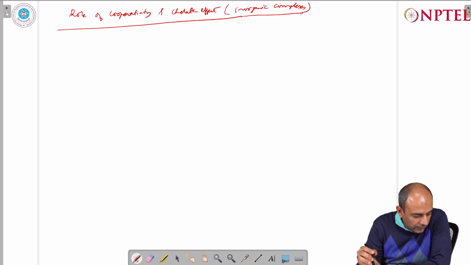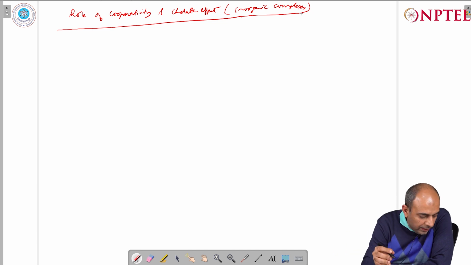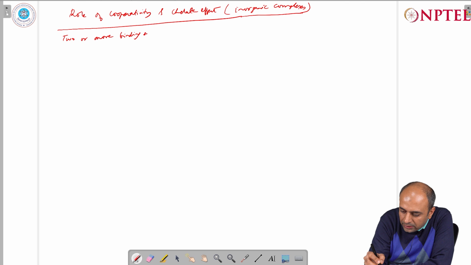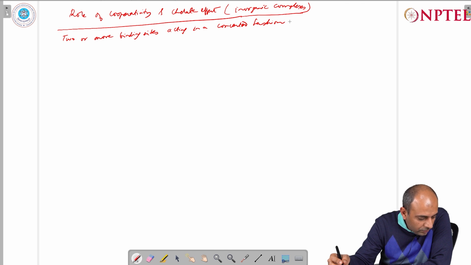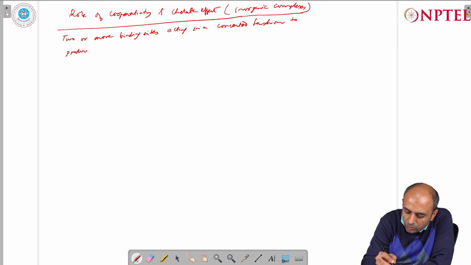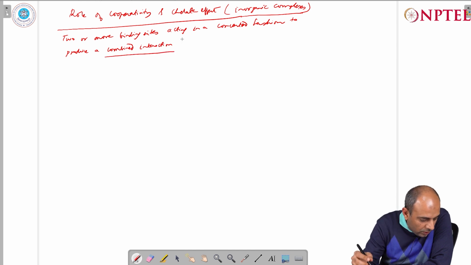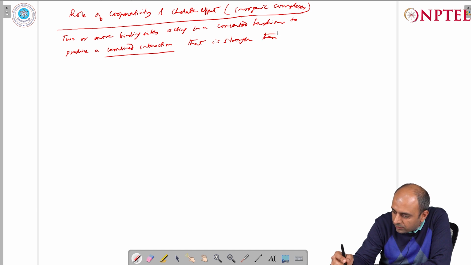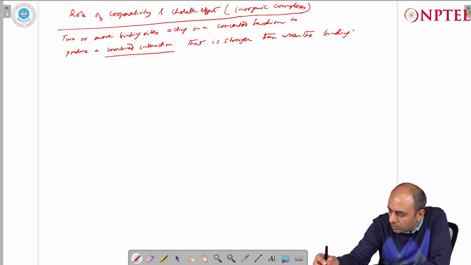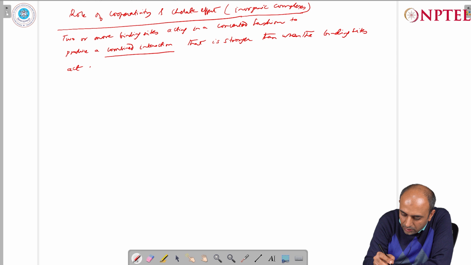And we will now look at this in more detail, where we essentially say what is cooperativity, that is two or more binding sites acting in a concerted fashion to produce a combined interaction that is stronger than when the binding sites act independently of each other.